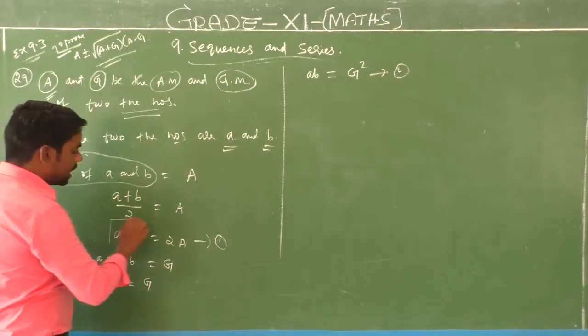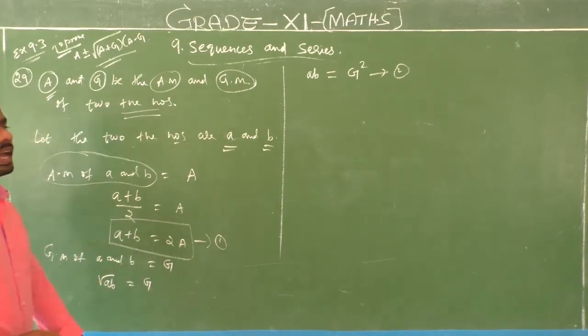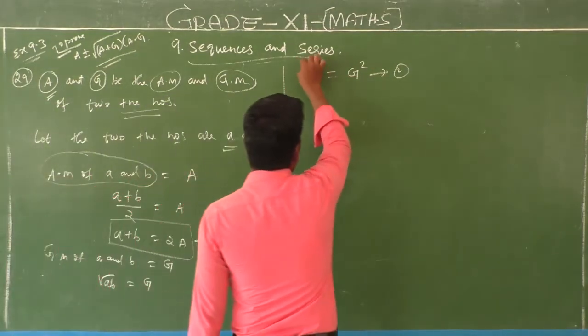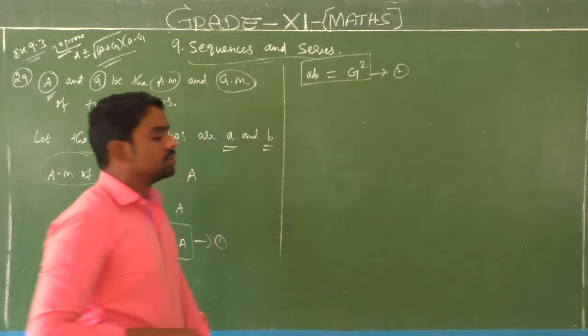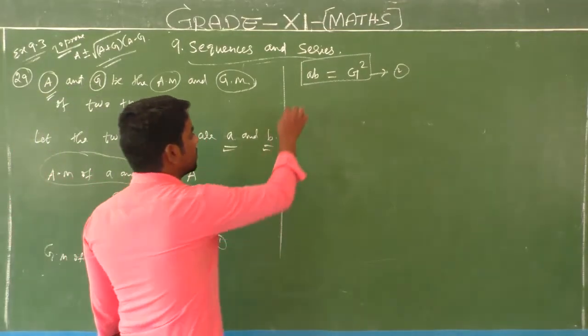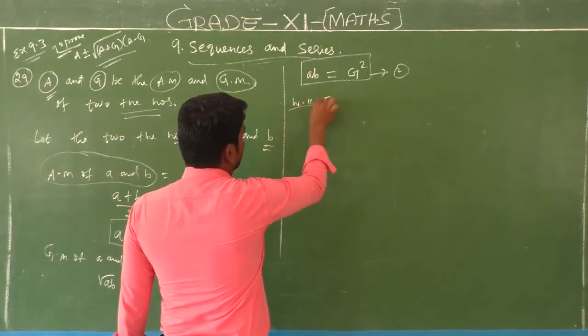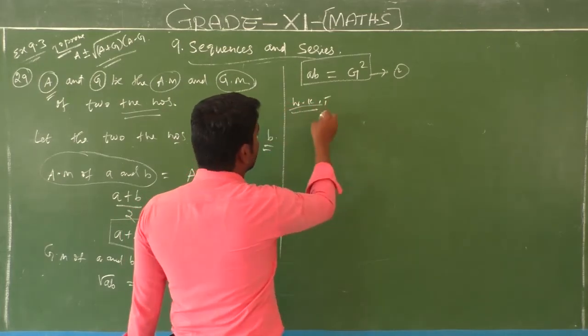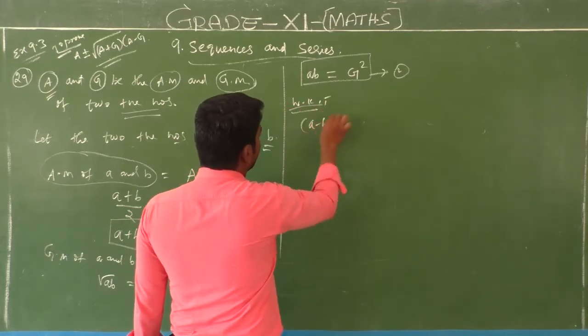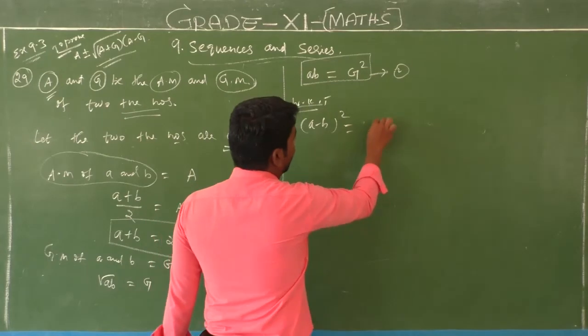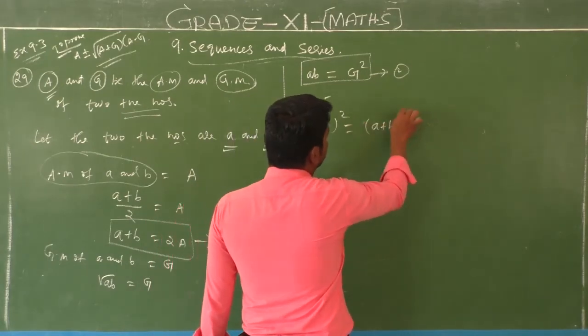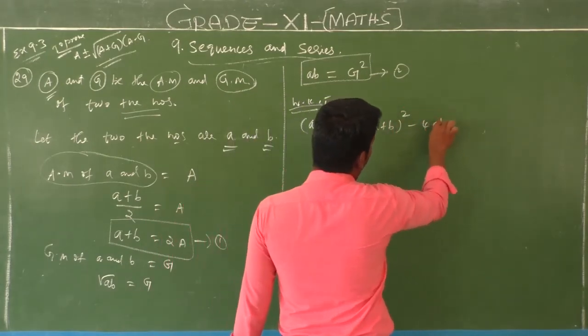We have equation 1, a plus b is equal to 2A, and equation 2, ab is equal to G square. Using the previous formula, (a minus b) whole square is equal to (a plus b) whole square minus 4ab.